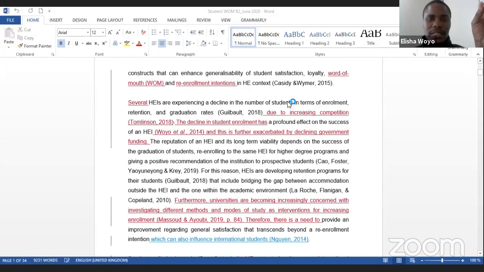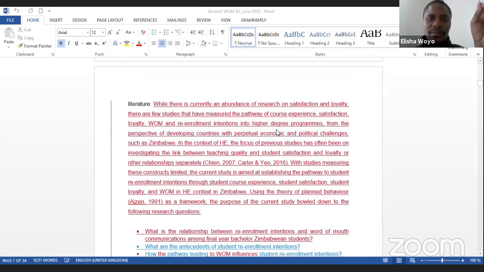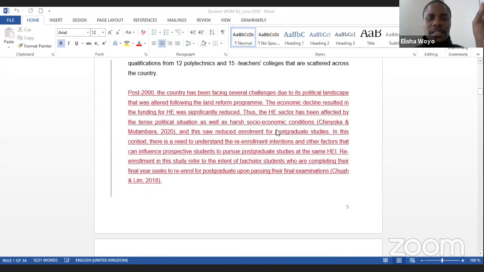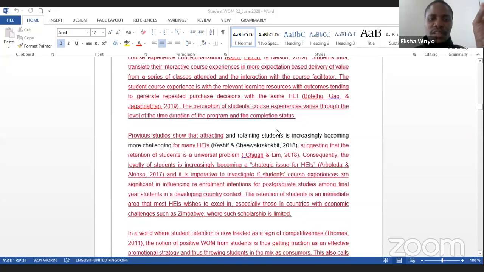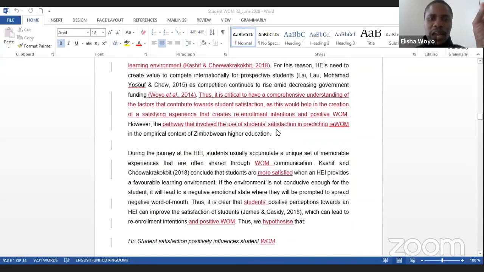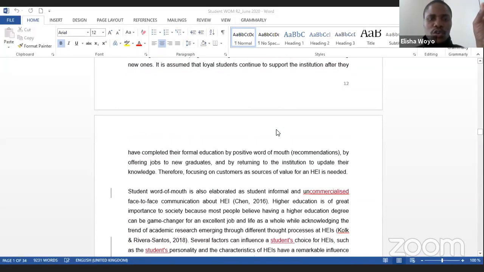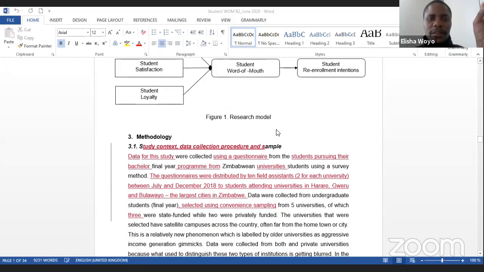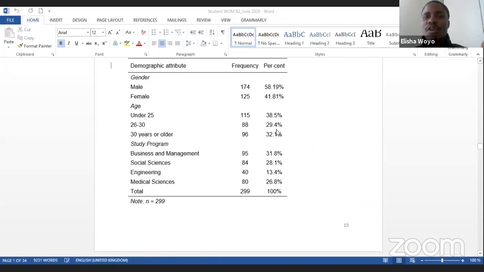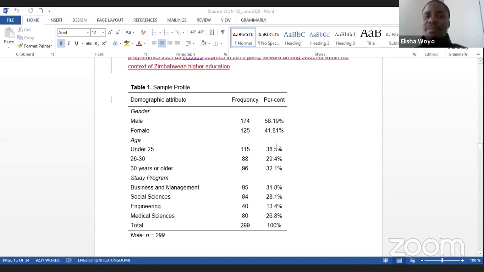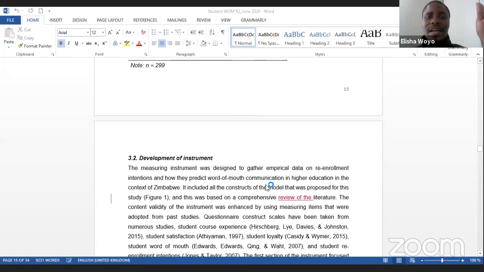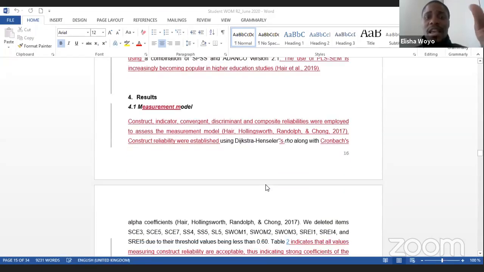I think this is another study. Let me see if I can find some more descriptive results that I can show you. Right, so this is also another descriptive result. I am simply talking about the gender, the age, the program that these students are studying, and it ends there.